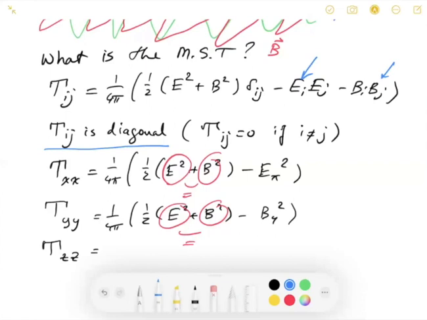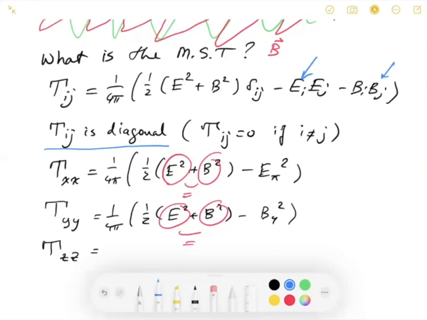Okay, so what happens when you look at the diagonal element? The first one is the xx entry. You just write it out. It's E squared plus B squared, minus E_x squared. Now in this case, because it's an electromagnetic wave, we know that the E squared and B squared amplitudes are the same. So E squared is equal to B squared, which means this is going to be 2 times the E squared component, which is in the x direction.